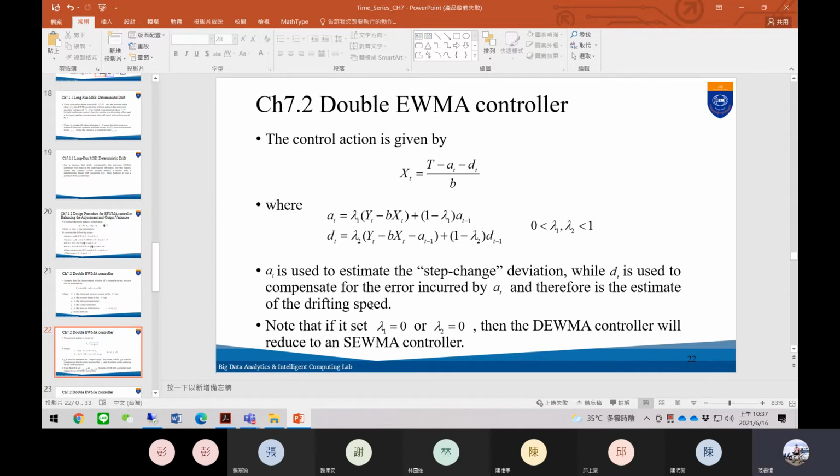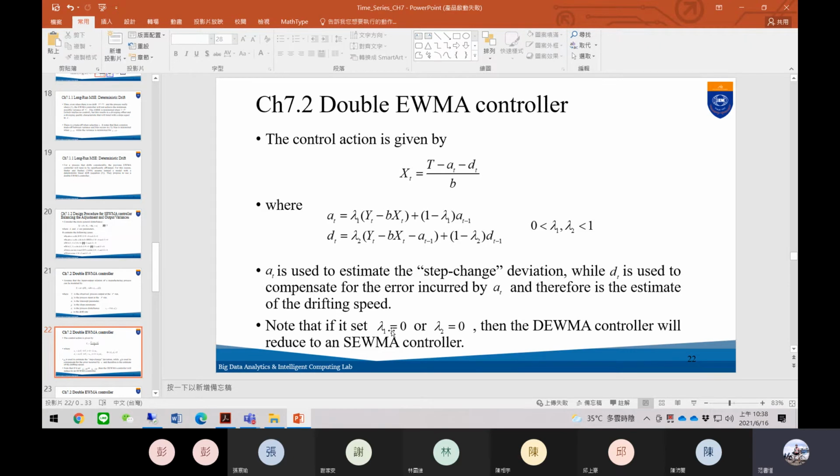Note that if we set lambda 1 equal to 0, lambda 2 equal to 0, then the double EWMA controller will reduce to a single EWMA. If we set either lambda 1 equal to 0 or lambda 2 equal to 0, it is going to be reduced into a single EWMA.